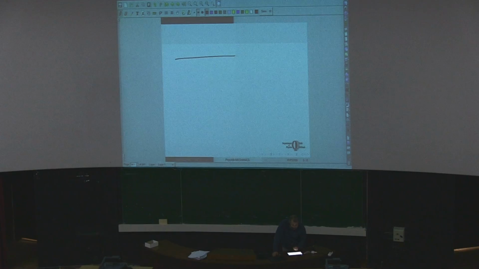Now this is my plane. This is the direction that they are moving, and I had chosen such a path. This is length L. Now, is the current positive or negative? Let's start with determining the sign.